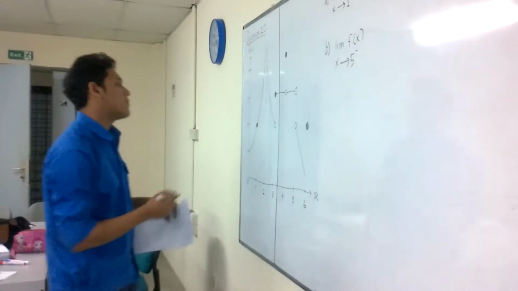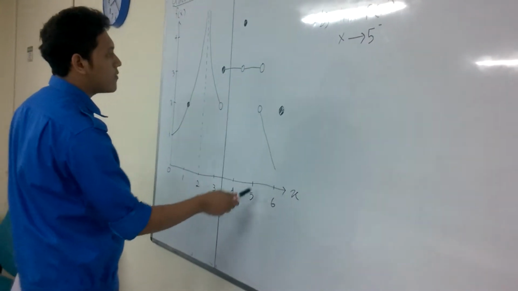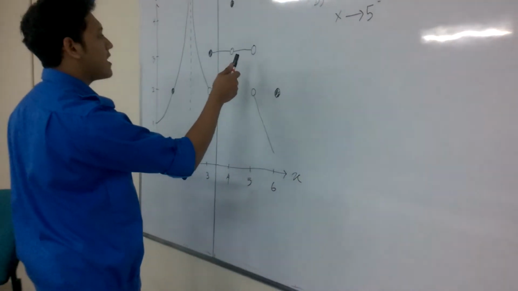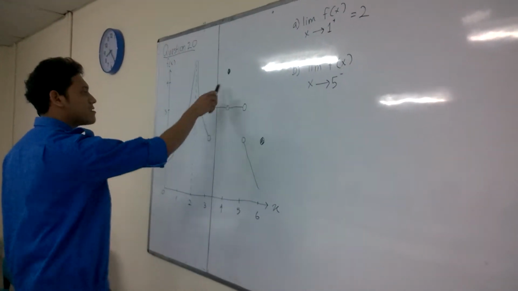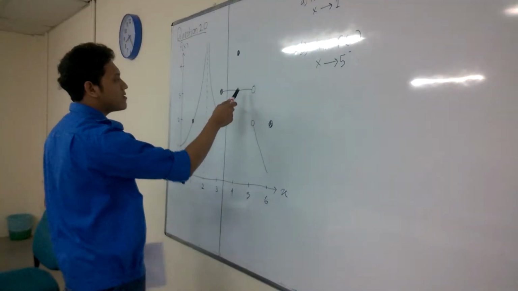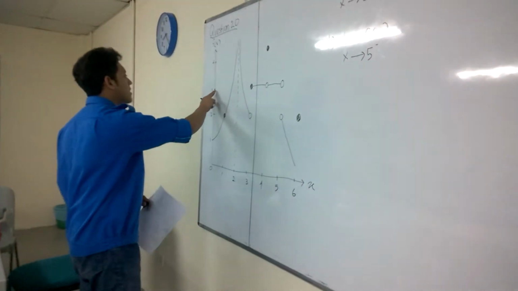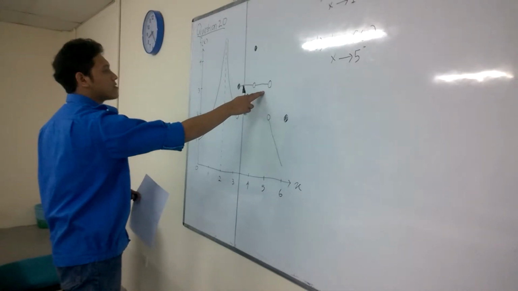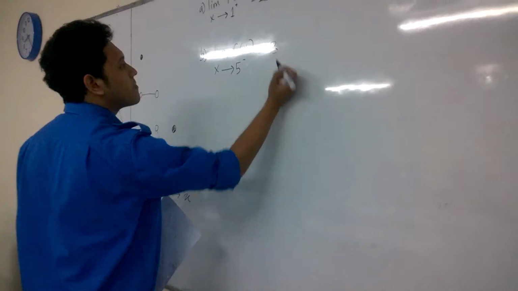So based on the graph, we can see that when x equals 5, we can see a point here, and we can see the graph from the left is located here. So we just take a point. So this question, the answer is 3.